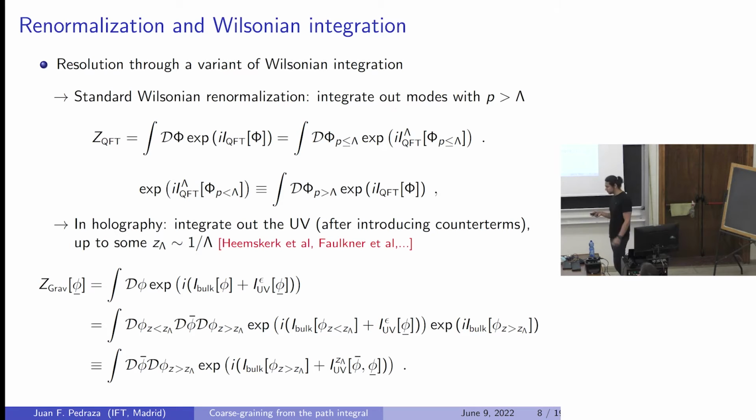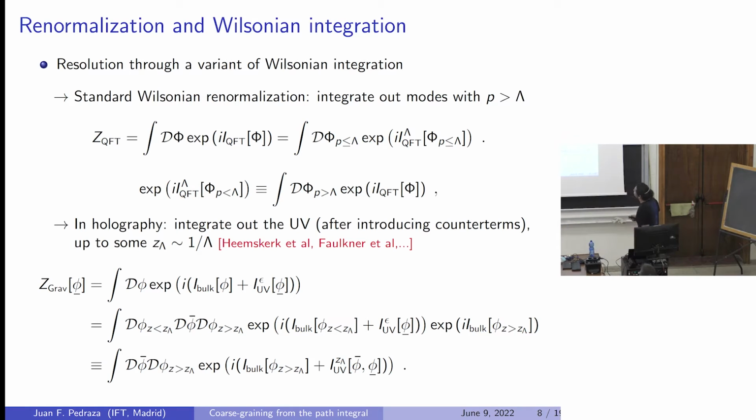So before I explain what we did in practice, let me mention what we normally understand by this Wilsonian integration. In a field theory, sometimes you are interested in having a low energy description of any field theory. Normally, that's one of the interests.